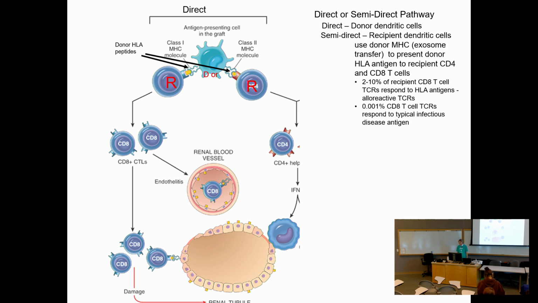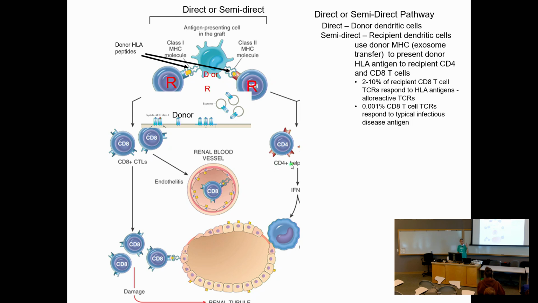So what we think is going on is that donor dendritic cells make exosomes, and the exosomes are composed of the HLA complex of the donor with the donor HLA peptides in them, and then those exosomes fuse with the recipient dendritic cells.